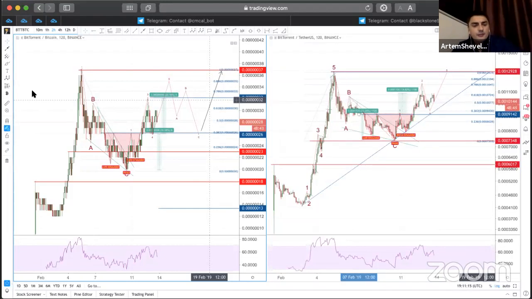This is why BitTorrent token is probably just an asset for speculation right now. So it's just a speculative asset, and you need to act with it like a speculative asset.